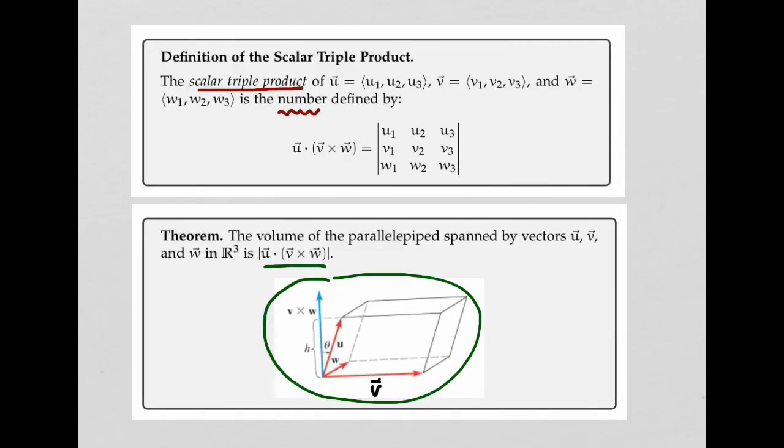To show that these vectors lie in the same plane, we are going to show that the volume of the parallelepiped spanned by vectors u, v, and w is equal to 0. And recall that the volume of the parallelepiped spanned by u, v, and w is the magnitude of the scalar triple product.